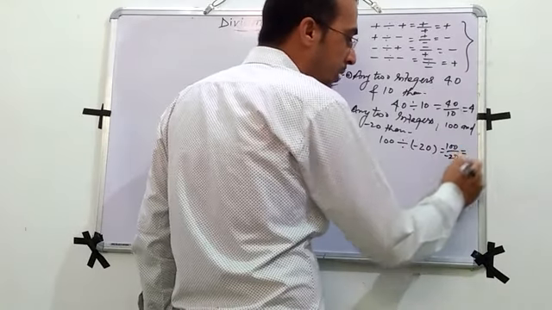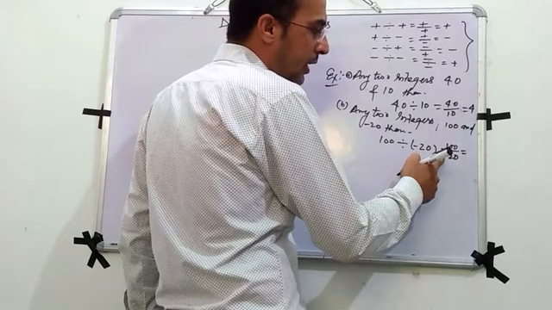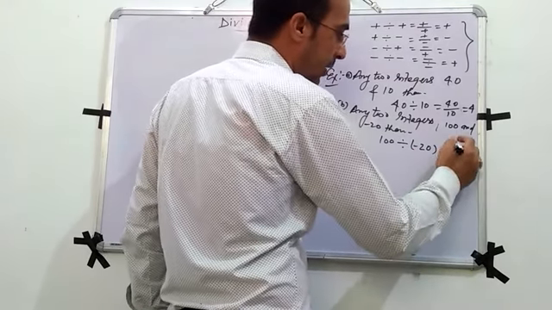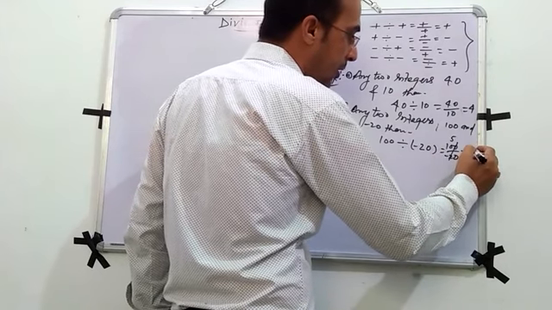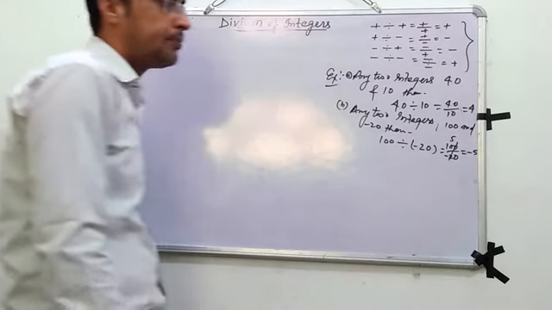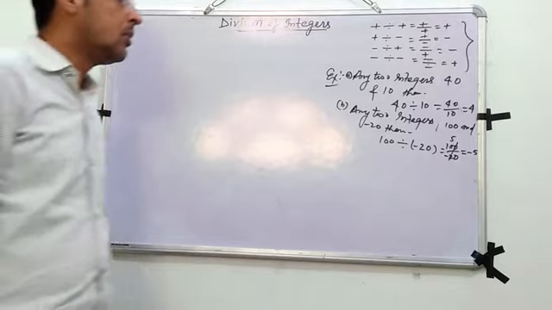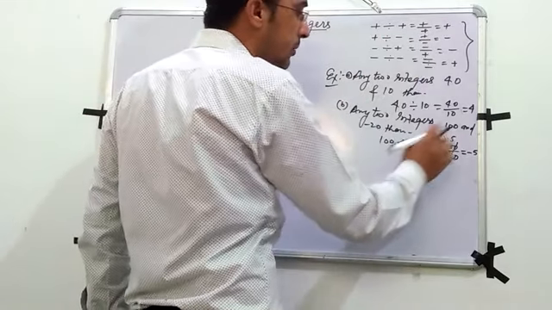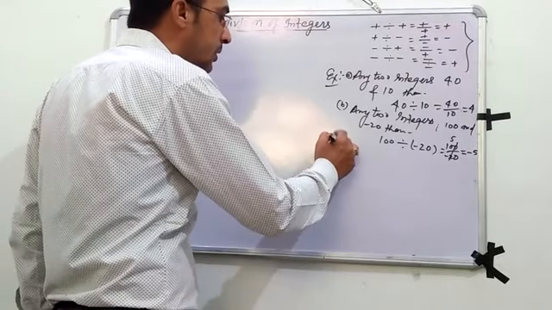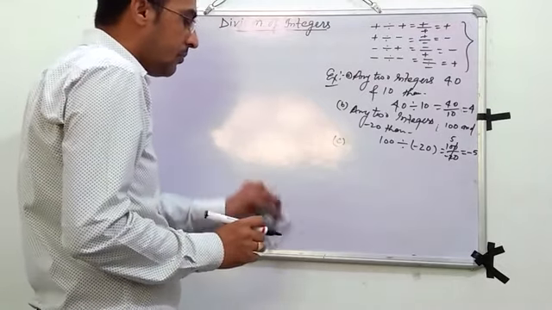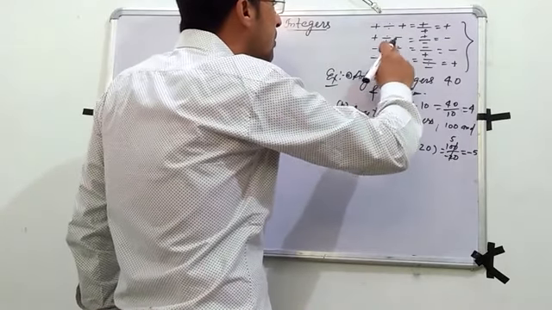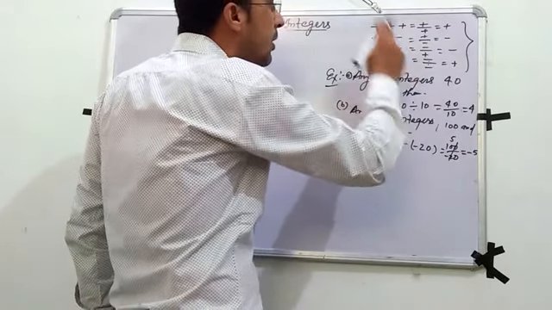Its value will be what? Positive divided by negative, its value will be negative, and it divides 5 times, so we write minus 5. Is it clear? This is plus divided by minus, always minus, you can see. Now the next part, any two integers, suppose one is negative and another is positive.